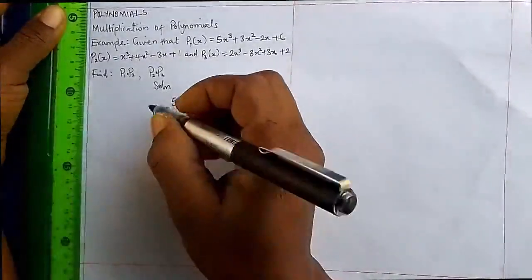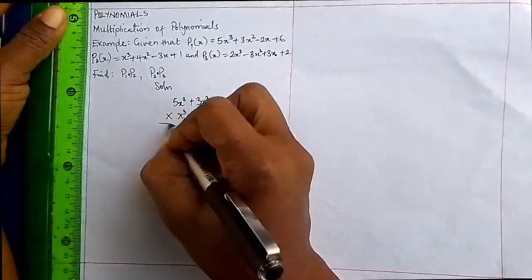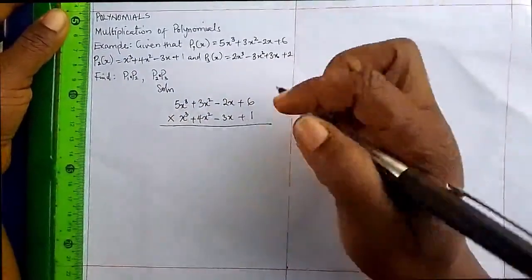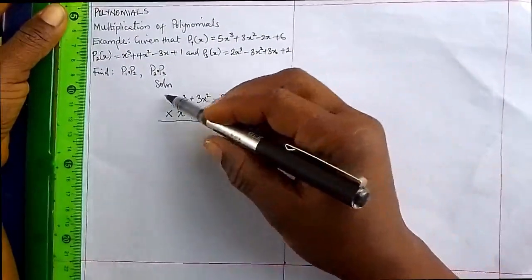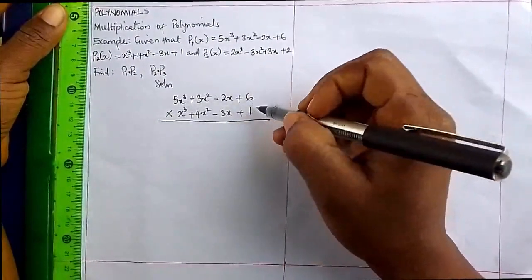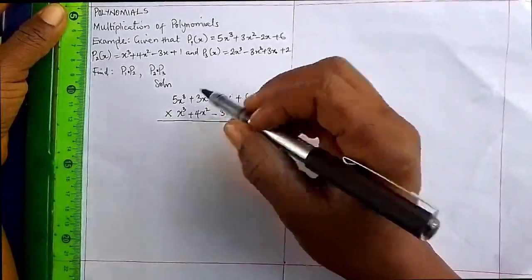Now the operation there is multiplication, so we put our operation sign multiply. Now we use 1 to multiply everything up here. We arrange them down. If you notice, we are going to have 4 steps.